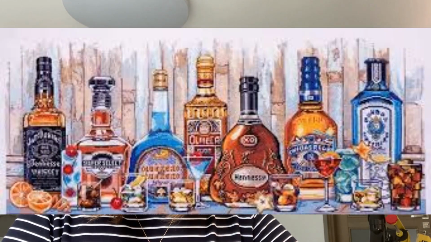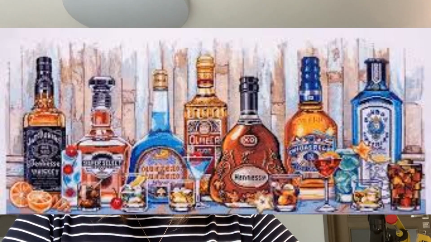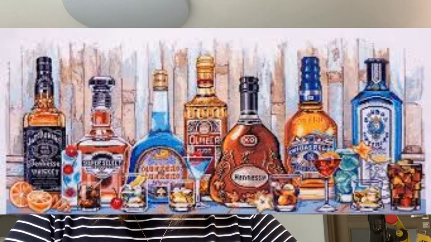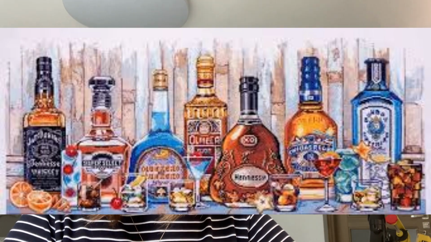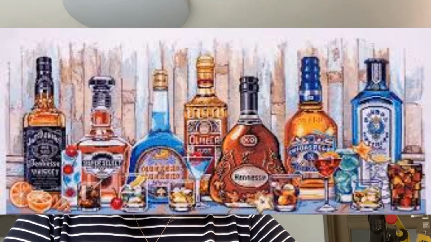The next one is also a kit, and I started this one a long time ago. To be honest, I totally forgot that I had started this design. I remembered all the time that I had this kit in my stash, but I forgot that I had started it.